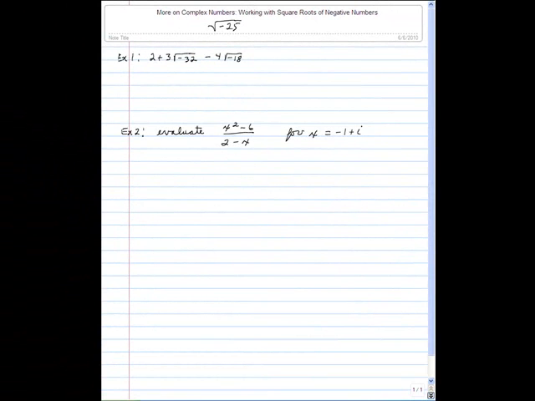Now the way we're going to work with these is this. Anytime that you see the square root of a negative number as part of an arithmetic problem, for example, look there at exercise 1 or at example 1. Here I have the square root of negative 32. Here I have the square root of negative 18. We're doing the arithmetic operation of subtraction. Anytime you're getting ready to do arithmetic with square roots of negative numbers, change them to their i form.